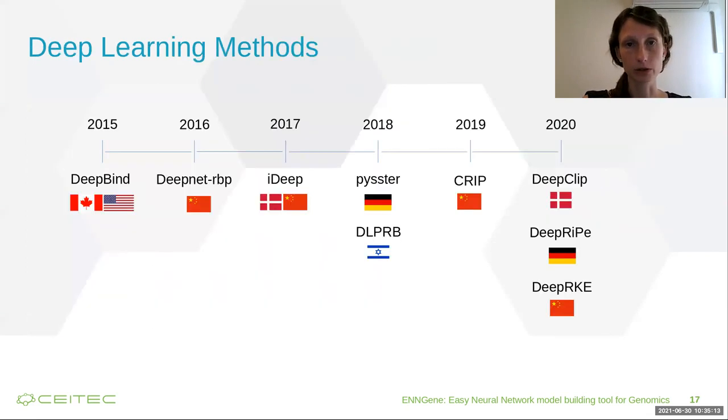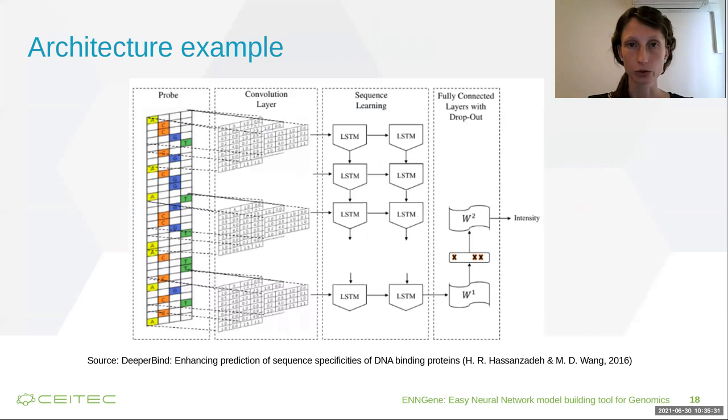The deep learning methods in general have been applied on the RNA binding protein target site classification problem since 2015, with the DeepBind project as the first one using convolutional neural networks. Since then, many different architectures have been tried, with the most common being the combination of convolutional and recurrent layers.